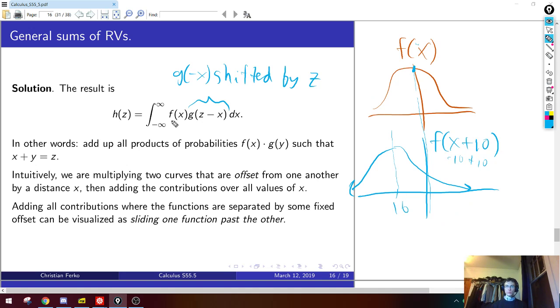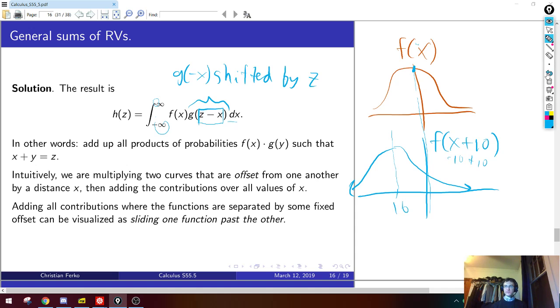Okay, so for one fixed value of z, the junk in here is some function f times some function g shifted by z. But you're not just shifting by one z, you're integrating over all x's. So it's kind of like you're shifting by a fixed offset, but then you are moving this guy from minus infinity to infinity, where the total shift inside the g is somehow moving from the left to the right.